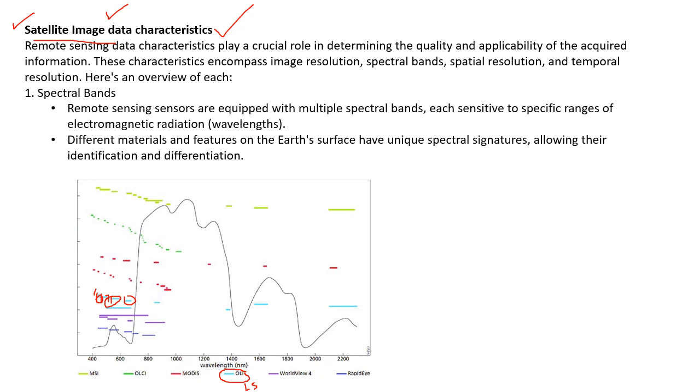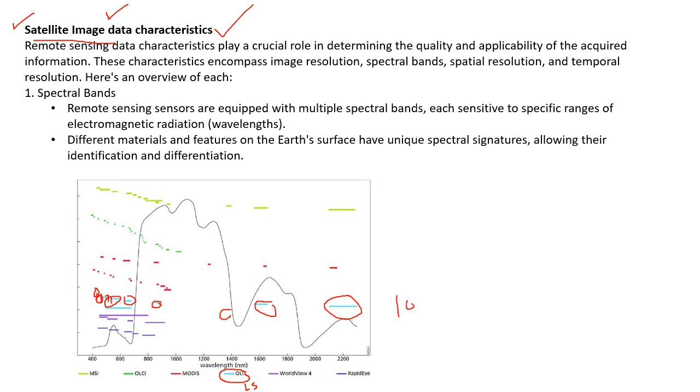Blue is band two, and this is band number 5, then 7, and maybe other names are also there. I mean, this is one, this is another. So there are around maybe 9 or 10 bands.